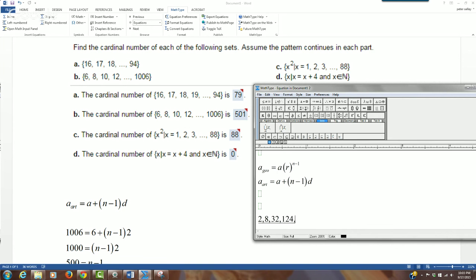So what am I doing to get the next number? I'm multiplying everything by 4. To see that, I can take any two numbers in the sequence and divide the later one by the previous one, and I should get the same constant. So if I do 8 over 2, or 32 over 8, or 128 over 32, they all should equal 4, which is that common ratio.